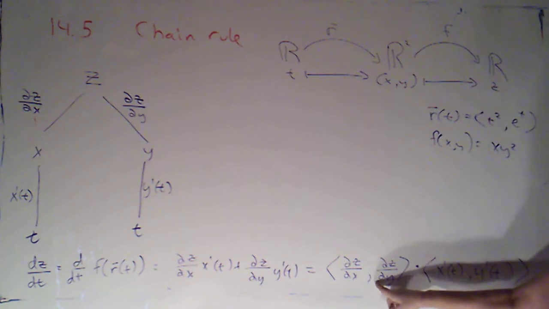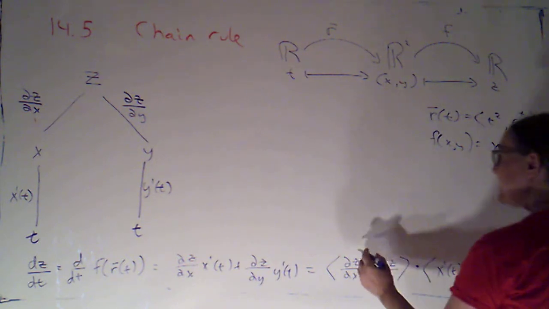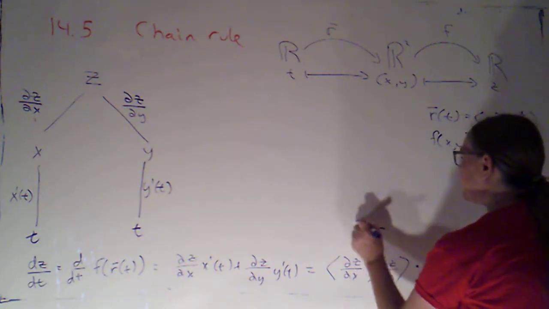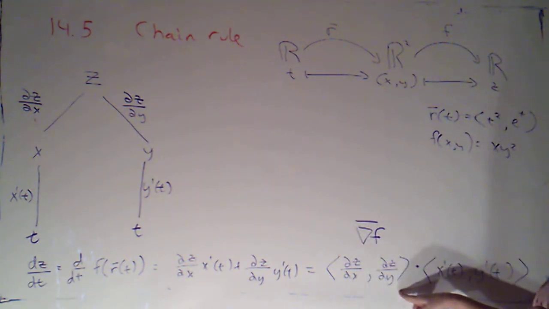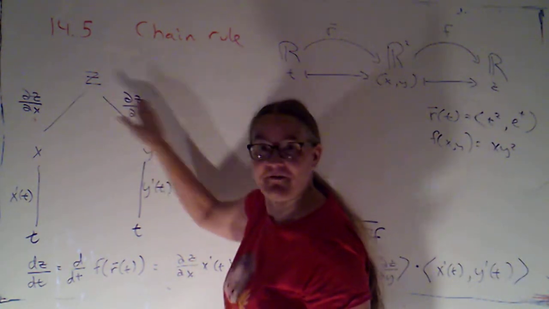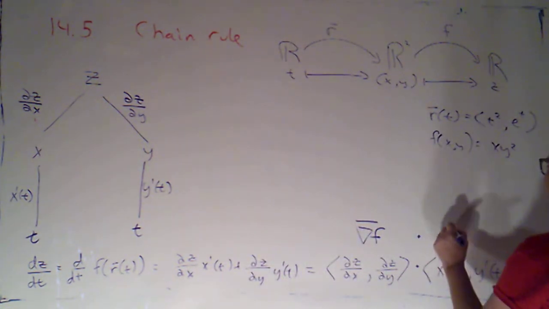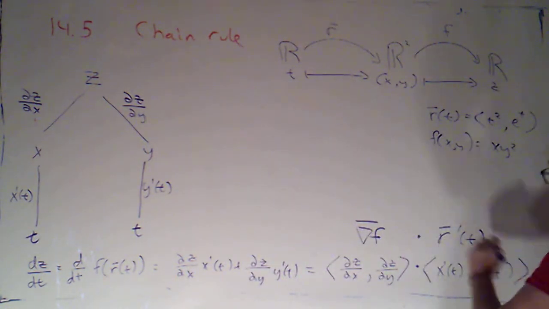But what's really neat is what I'm actually dotting here are two derivatives. This is the gradient of f, right? Because that's the two partials of my function f, which was the function that was giving me z. And this is just r prime of t.